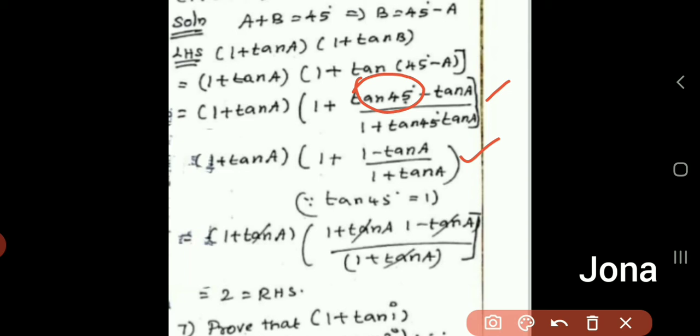And then here I want to take the LCM in the bracket there. So it will become, if we take the LCM here, 1 plus tan a. In the numerator also, by cross multiplication we will get 1 plus tan a plus 1 minus tan a here.